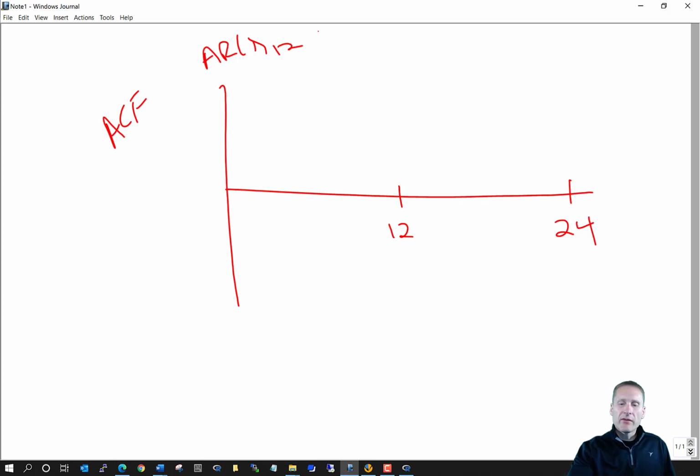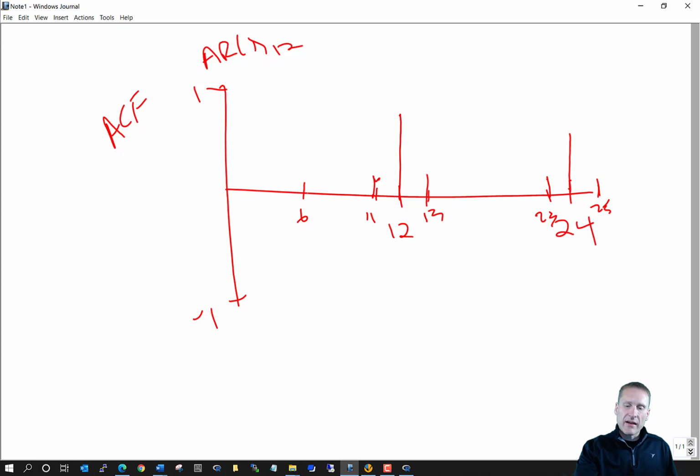Here's 1, here's -1. We would have a tailing off at multiples of 12 corresponding to the ACF for this kind of model. But at lag 11, lag 13, lag 23, 25, I might see something like this corresponding to my previous note.